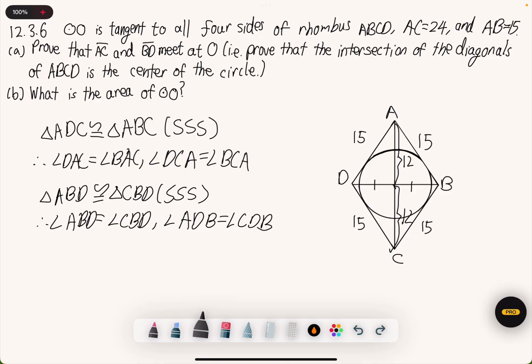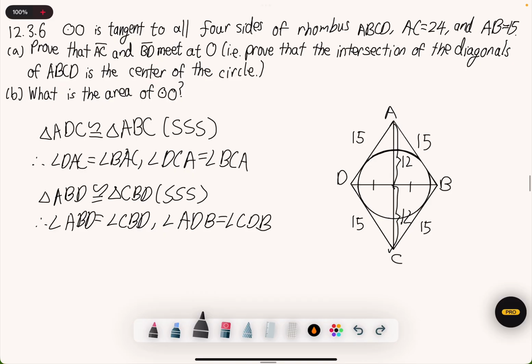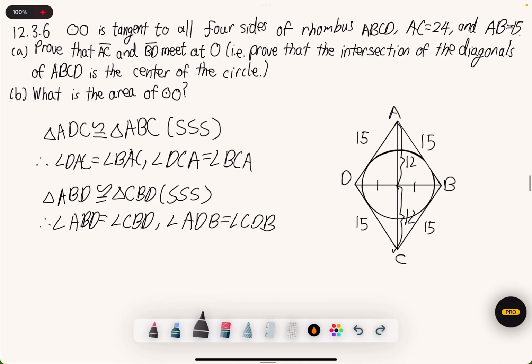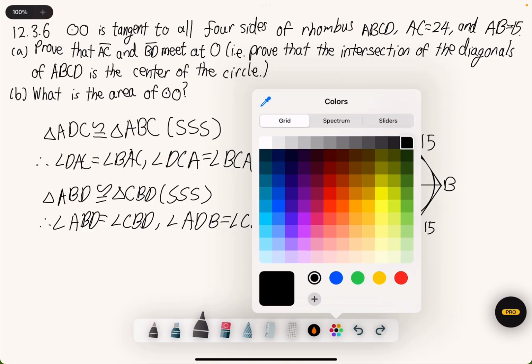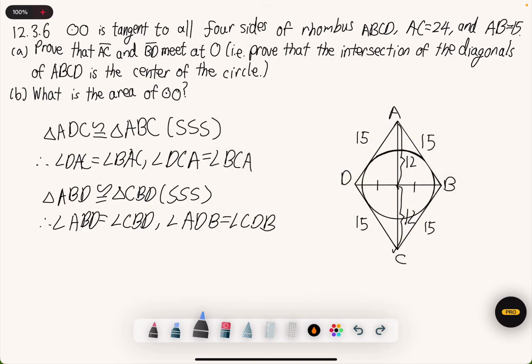So how does this help us then? Well, firstly, let's take a look at some other things we know from this problem. We know that since AD is tangent to the circle, any line tangent to a circle, the point of tangency is the foot of the perpendicular line from the center.